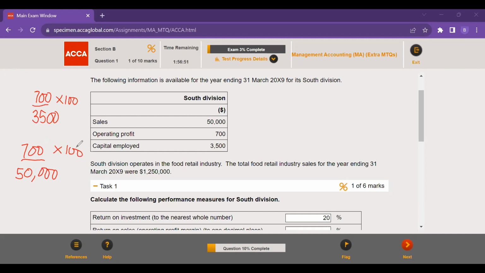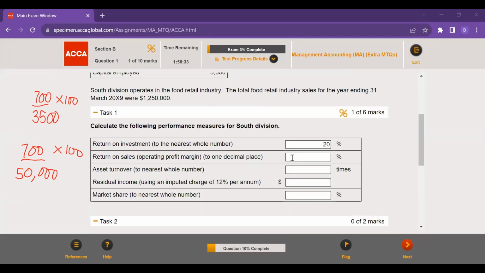On my calculator, 700 divided by 50,000 multiplied by 100 gives me 1.4%. The rounding instruction says it has to be to one decimal place, so I'm just going to enter 1.4, because it is already to one decimal place.